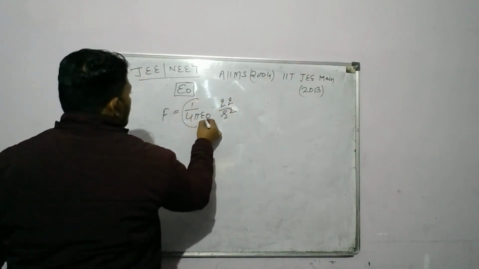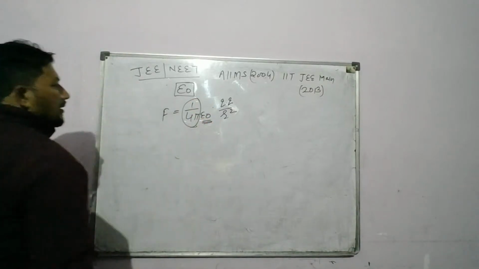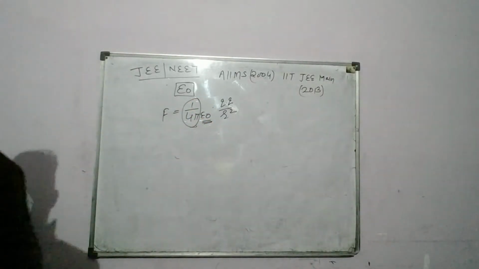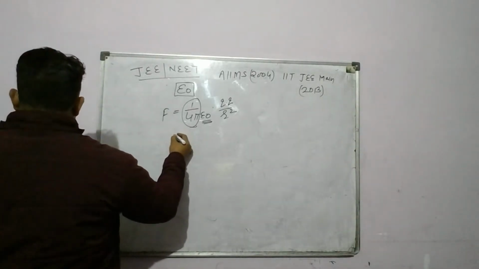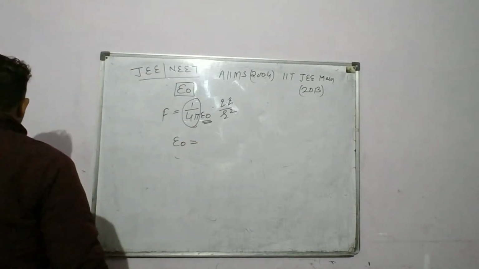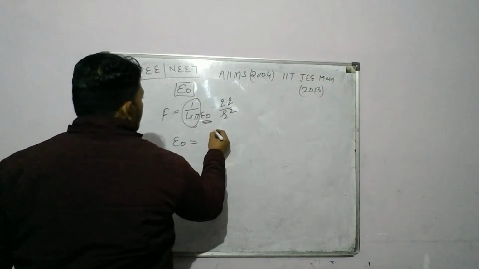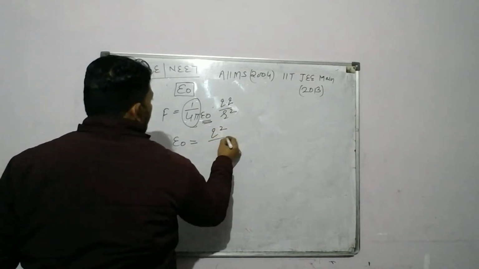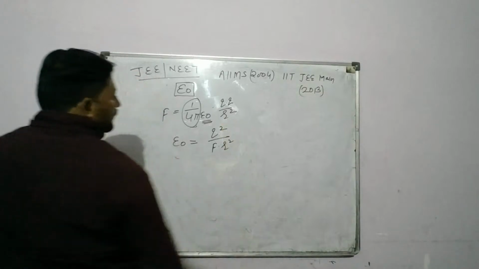This is a constant. You will find the dimensional formula of epsilon 0. So epsilon 0 is equal to, listen carefully, q square upon F into r square.